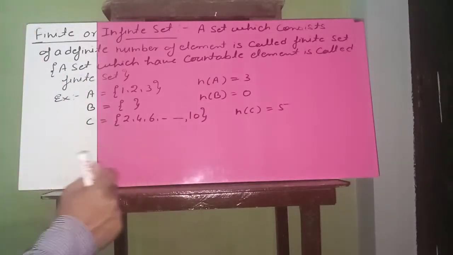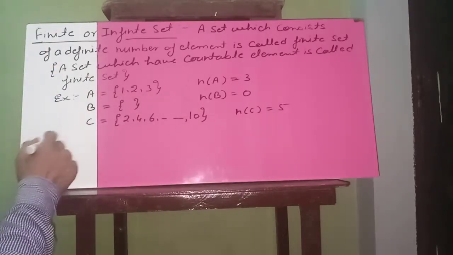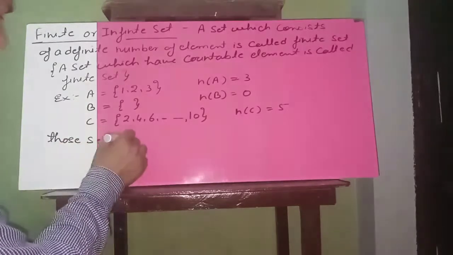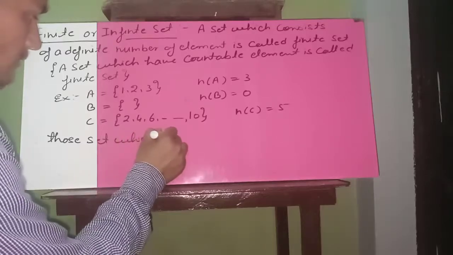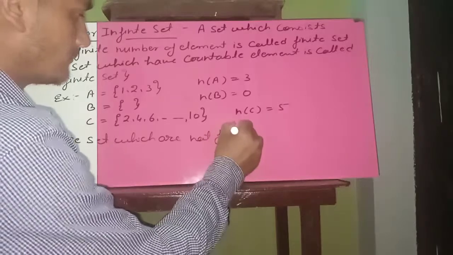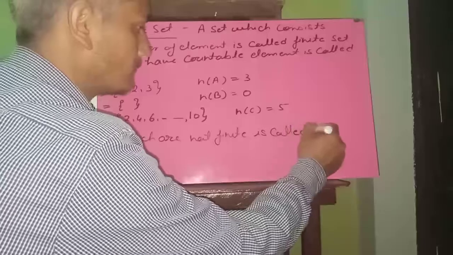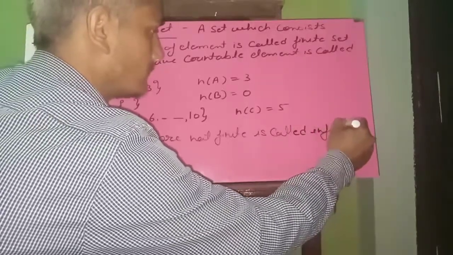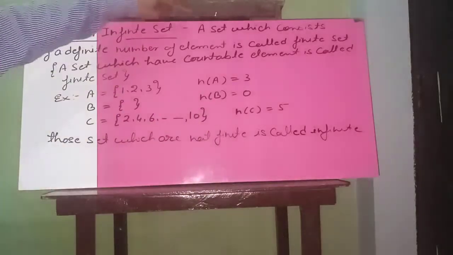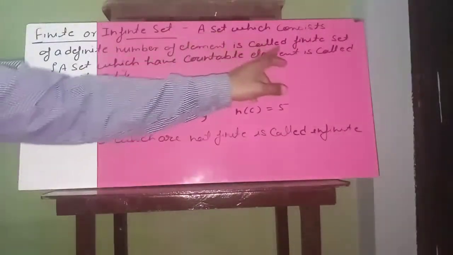After that, what is the definition of an infinite set? Those sets which are not finite are called infinite. A set which does not consist of a definite number of elements is called an infinite set.